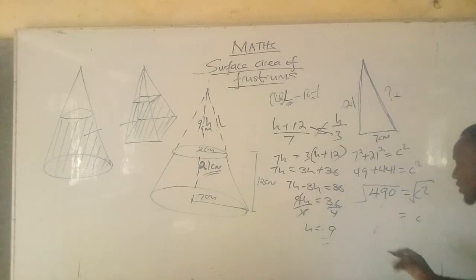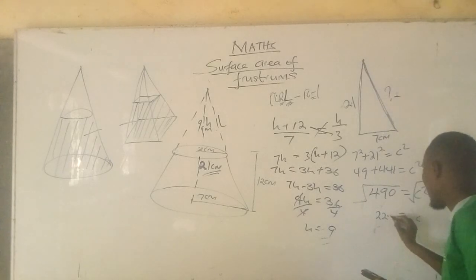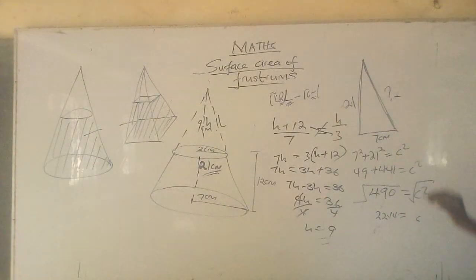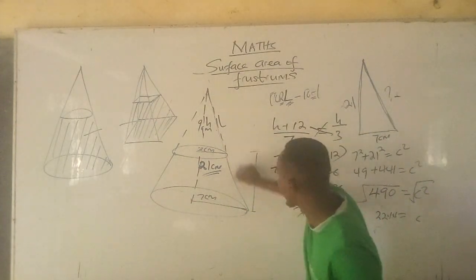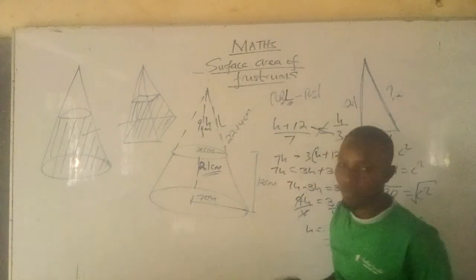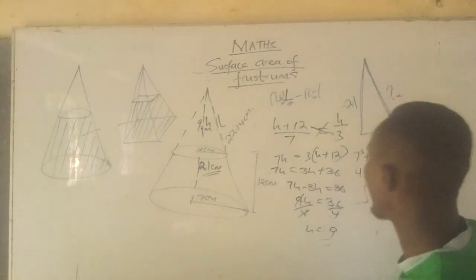That becomes c is equal to the square root of 490, which is 22.14. So our slanting height will be 22.14 centimeters.